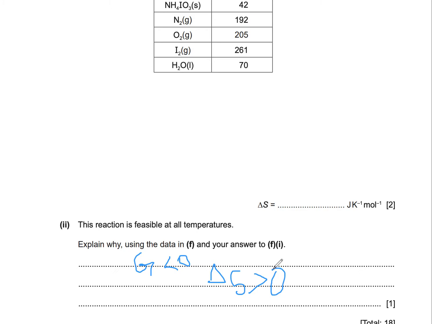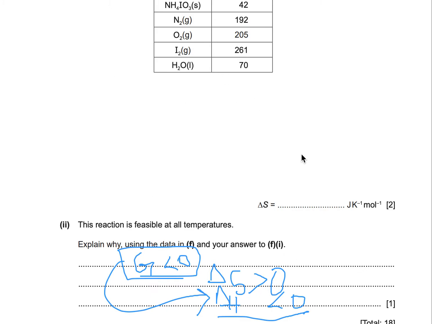And the enthalpy change is also less than 0, like this. So this shows that it is an exothermic reaction, and this shows that it is feasible, it's positive, and this is the overall Gibbs energy. So we need to mention all of these.